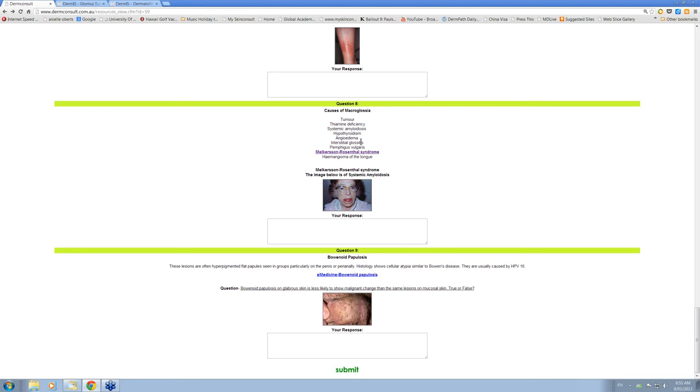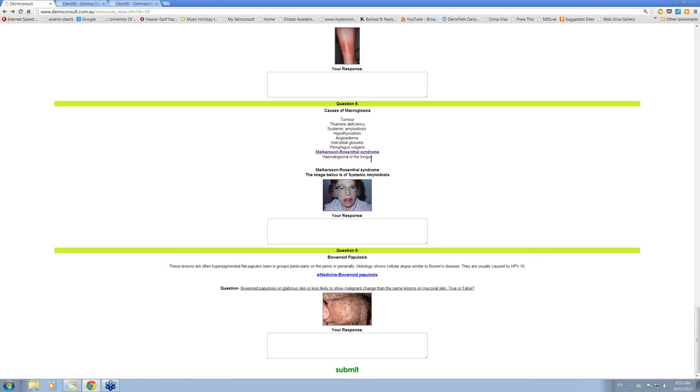And pemphigus vulgaris as a cause of macroglossia. Usually think of it in the mouth as a cause of ulceration. Remember, about 90% of cases of pemphigus are going to present with oral ulceration. In fact, they'll present with the oral ulceration before they'll get blisters or lesions in the skin. Hemangioma of the tongue, yes.